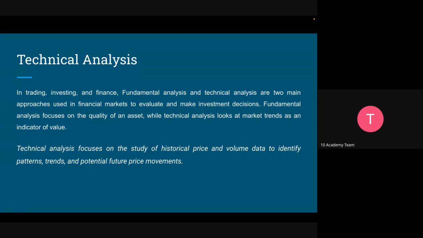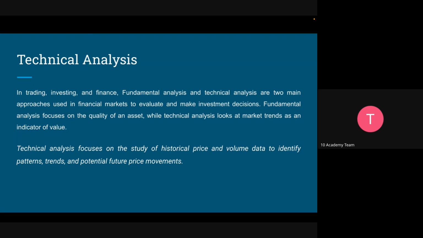In trading, investing, and finance, there are two analysis types. One is fundamental analysis and the other is technical analysis. These two branches are popularly used in the financial market to evaluate and make investment decisions.